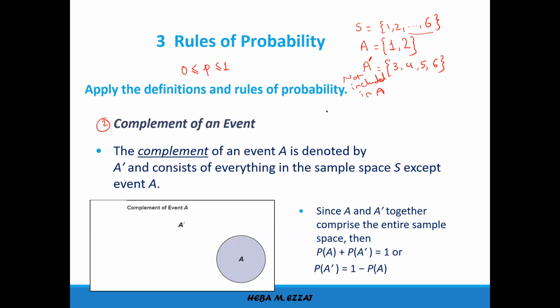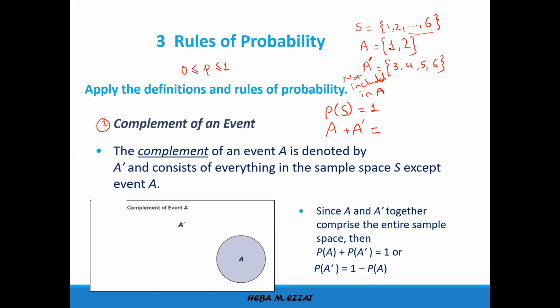We said that the probability of getting the whole sample space is simply 1, and this is logical. The probability of getting all the outcomes will be 1. It's the addition of the probabilities of the individual outcomes, and in this case we get 1. So here, as A complement or A prime contains what is not included in A, if we add A plus A prime, we'll get what?